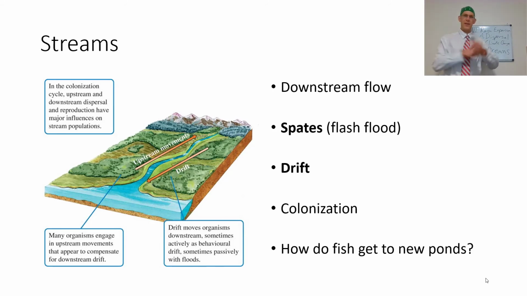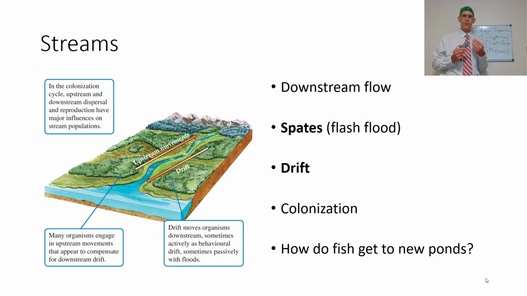Now we can actually track the Scotch broom population as it moves downstream, gets eliminated by the 10,000 Years Organization, and then they'll find more seeds downstream, they'll eliminate it, and they'll find more seeds downstream, and the population is basically washing out. And one way that occurs is during spates, which is a flash flood. Moves things downstream in a hurry. There's also drift, which moves things downstream at the regular rate.